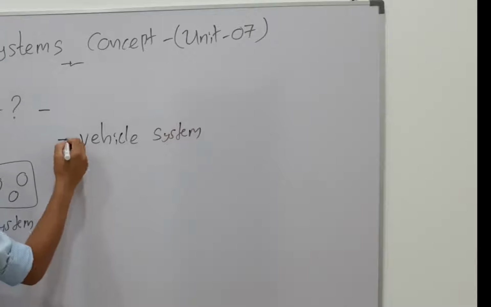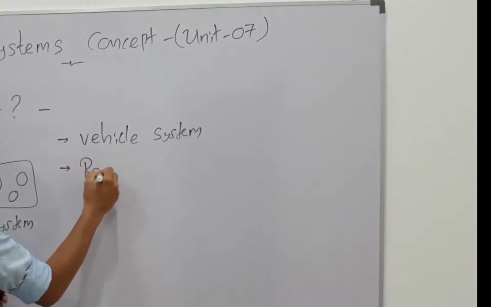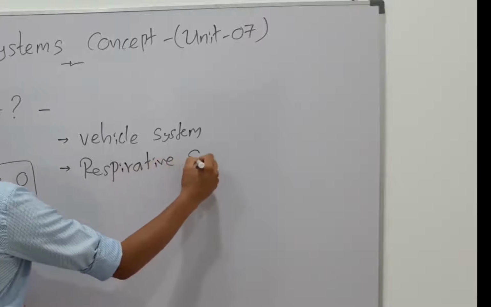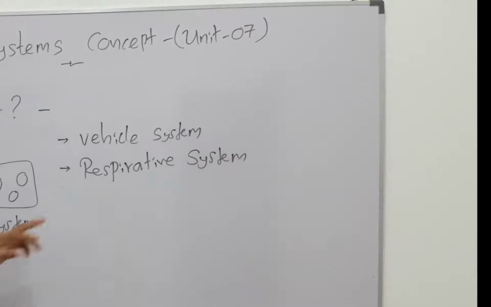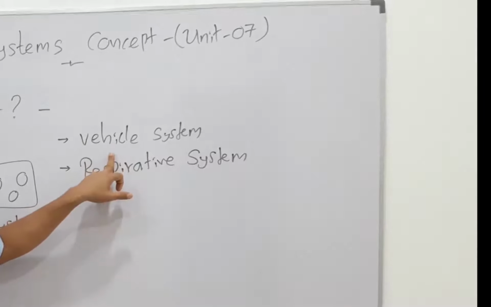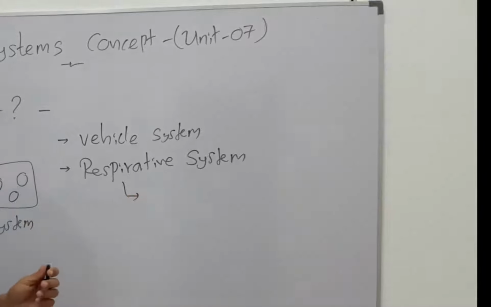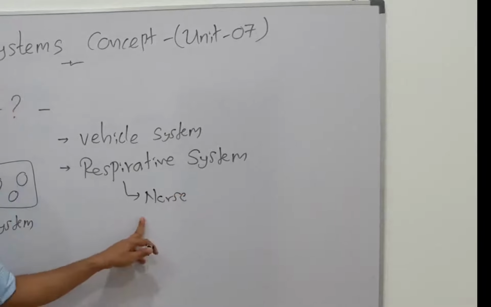On the other hand, regarding our human body, we use another concept called the respiratory system. Once we hear these words, respiratory system, vehicle system, what comes into our mind? If it is the respiratory system of our human body, we know that the nose is part of that.